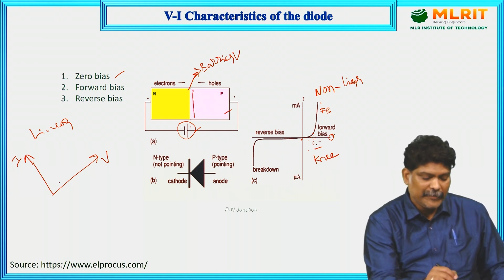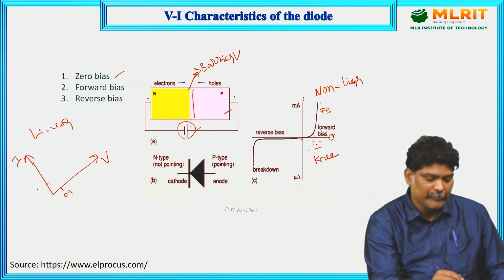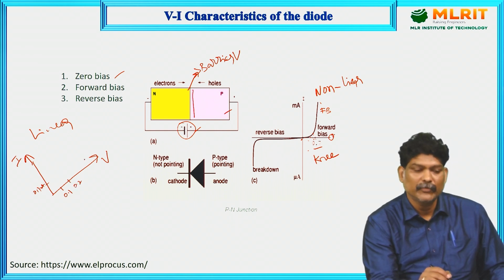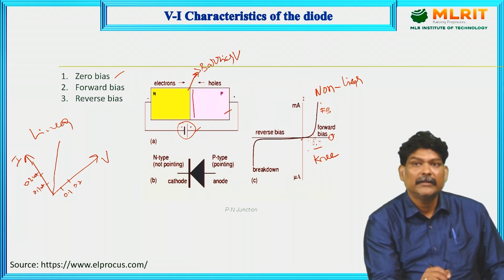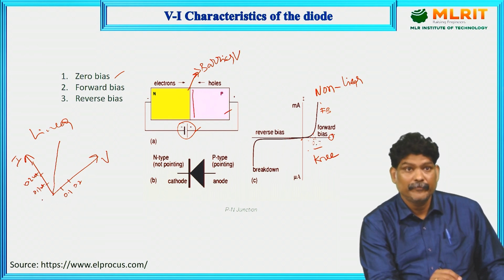Linear means that when you apply, for example, 0.1 volts, the current will be, for example, 0.1 milliamperes; for 0.2 volts, the current will be 0.2 milliamperes, and so on. In that case the current is linearly related to the applied voltage.